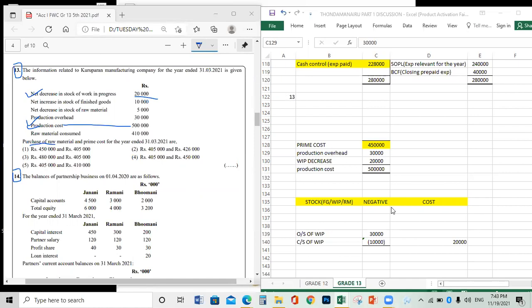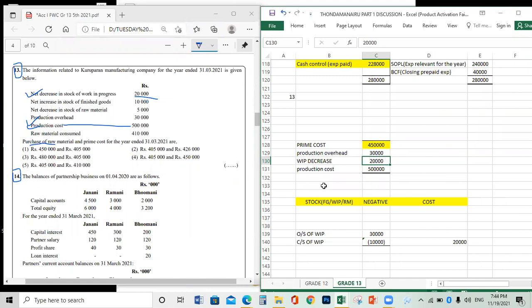Why are you deducting when you're going backwards? Because now see, prime cost plus production overhead plus work in progress will give you production cost. So 450 plus 30 plus 20, you get 500. So if you go backwards, addition means you should deduct. You get it?